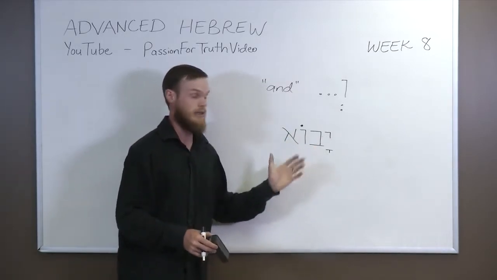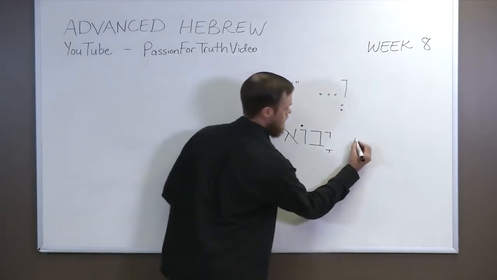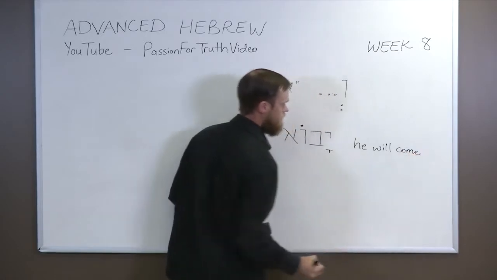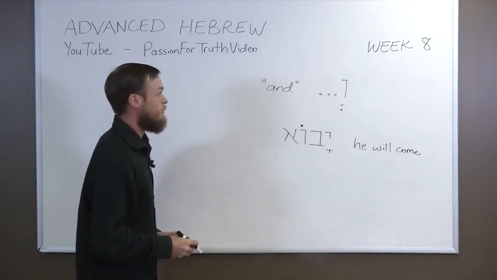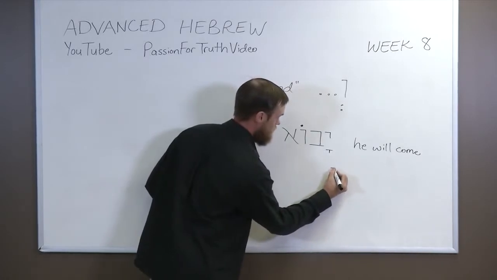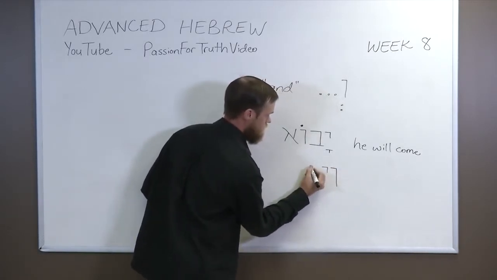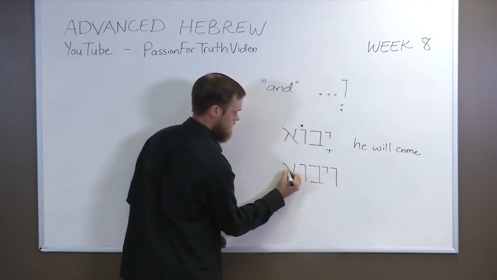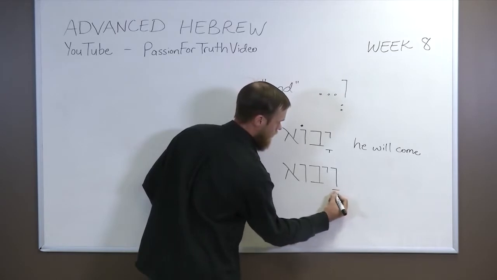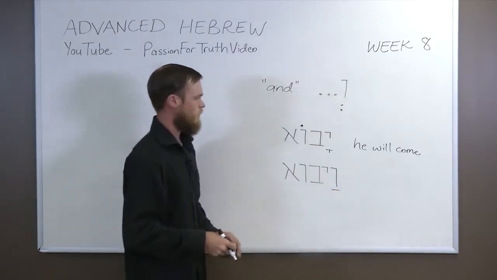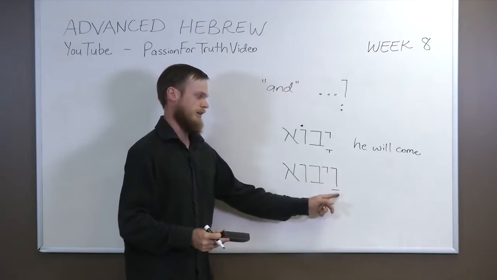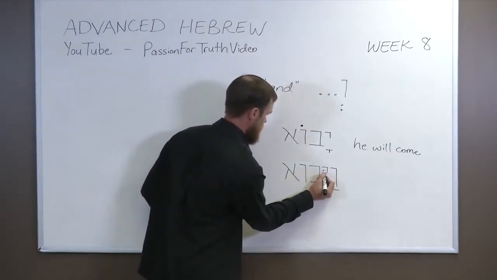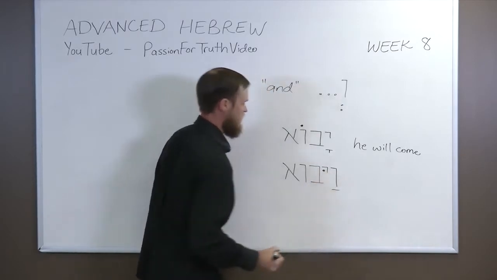So this is he will come. If we prefix this with a vav, first off, when the vav prefixes the future tense, it'll usually take a patach, so just be aware of that. And the yod will usually take a dagesh. Not always, but it happens a lot.